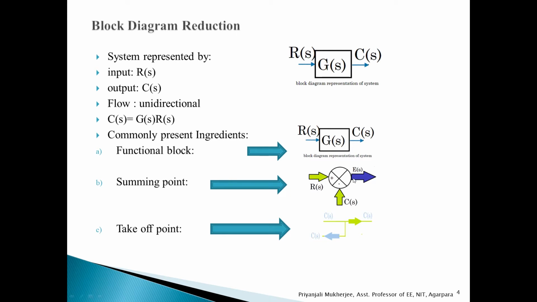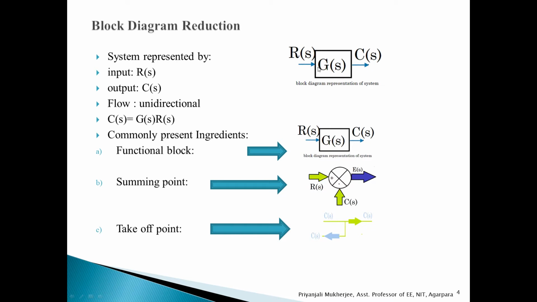So here we have considered a system, and this is the block diagram of a system whose transfer function is given as G(s). The input of the system is denoted as R(s), and the output of the system is denoted as C(s).